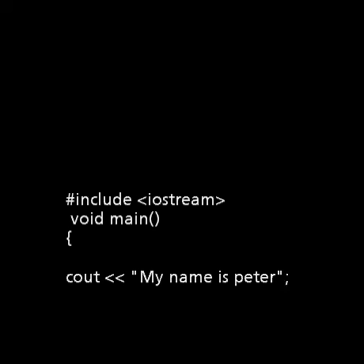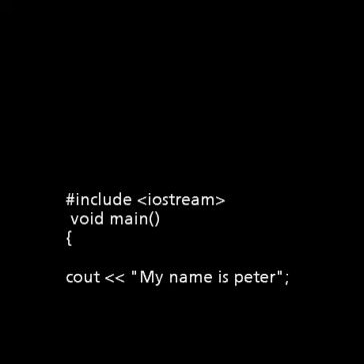So it means that using cout, I'm going to print these characters, this string, and because this is a string of characters, I'm putting it in double quotes here.